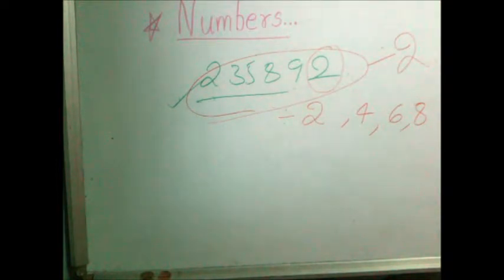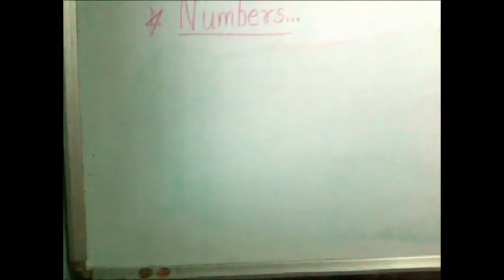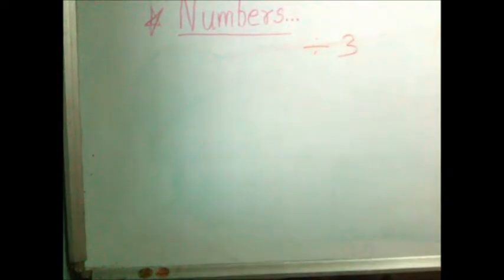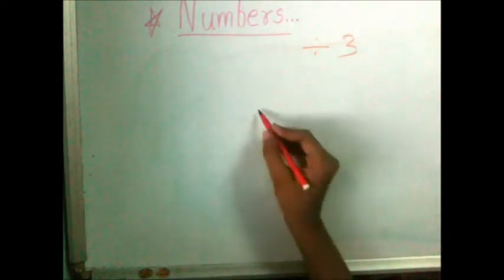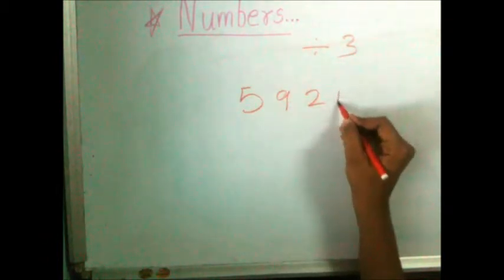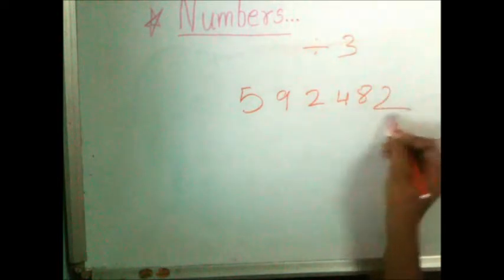Next is divisibility by 3. A number is divisible by 3 if the sum of its digits is divisible by 3. Let us consider the example 5, 9, 2, 4, 8, 2.